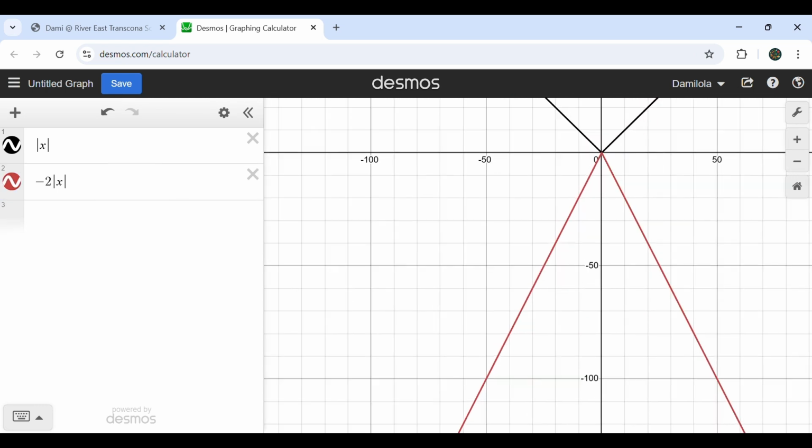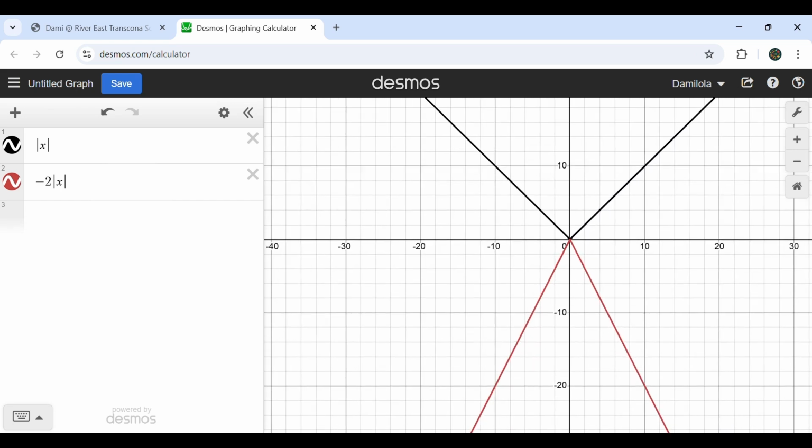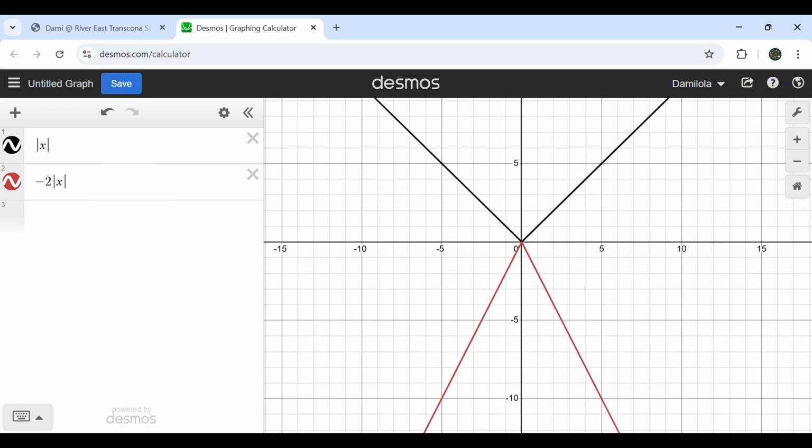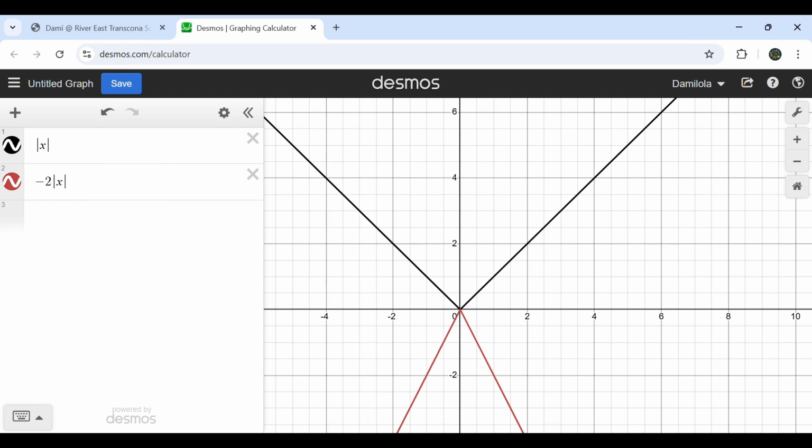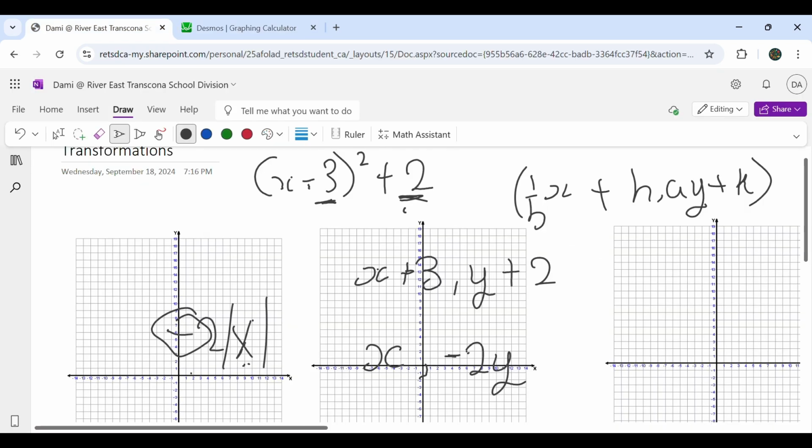Okay, why is it showing 100? Sorry. Okay. It's slimmed down.